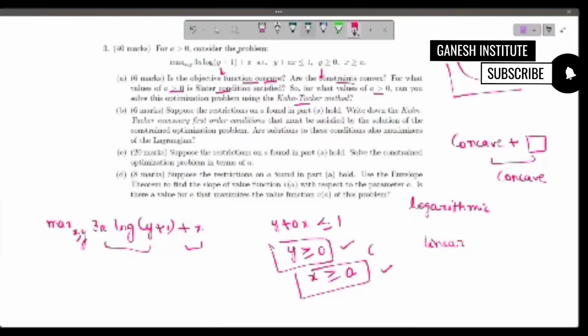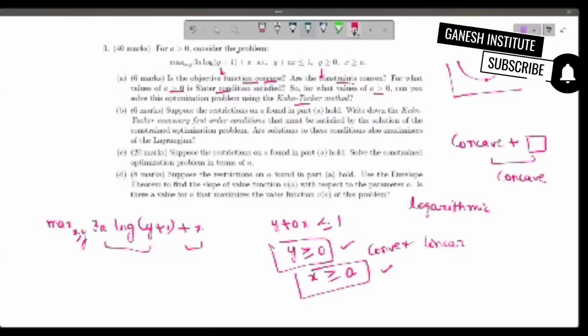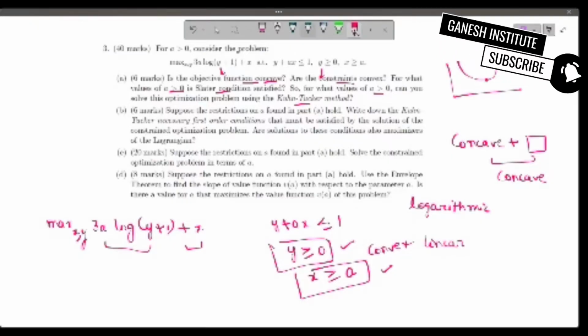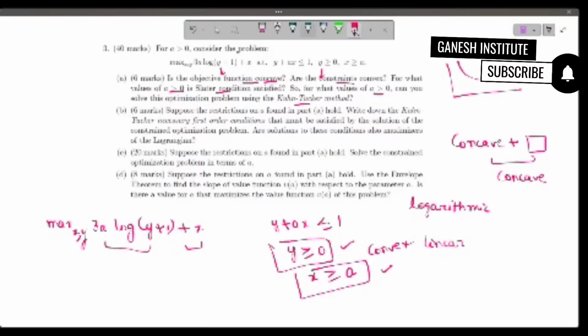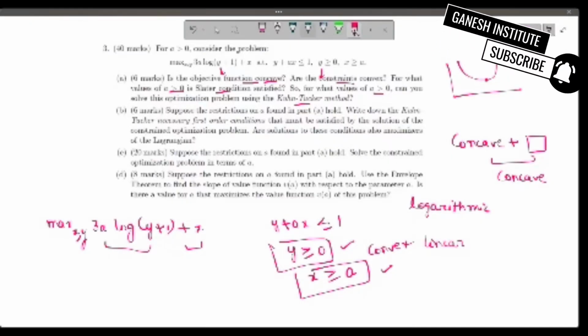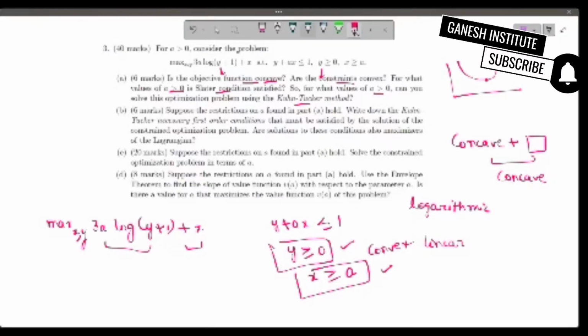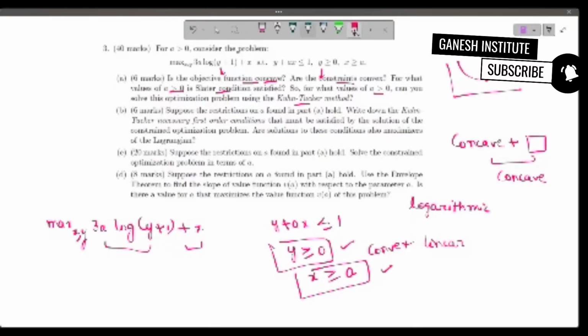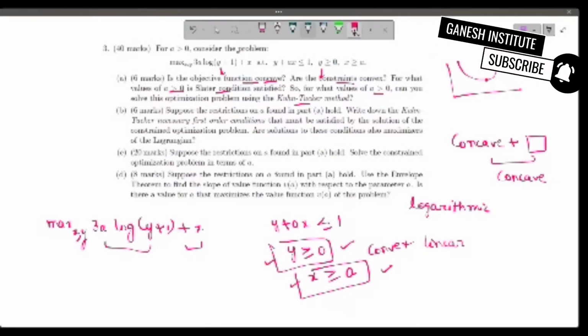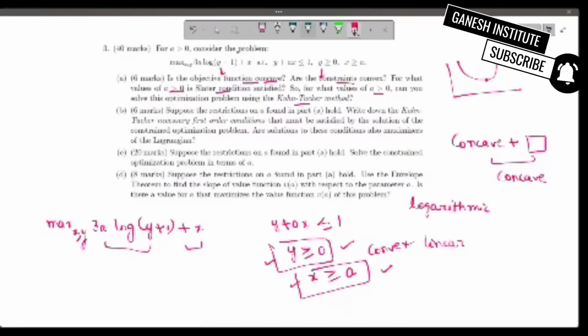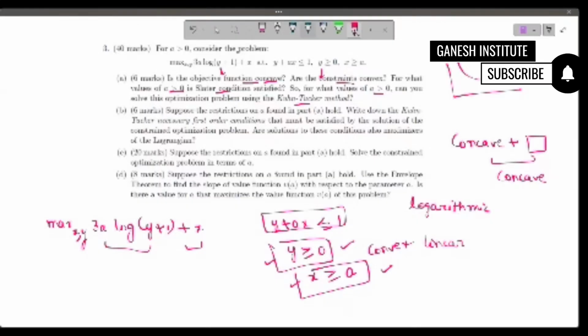So these are convex because y is greater than or equal to 0, x is greater than or equal to a, and a is greater than 0. So it is an increasing function, linear and increasing; since it's increasing and linear, it's convex. Now, what about y plus ax less than or equal to 1?